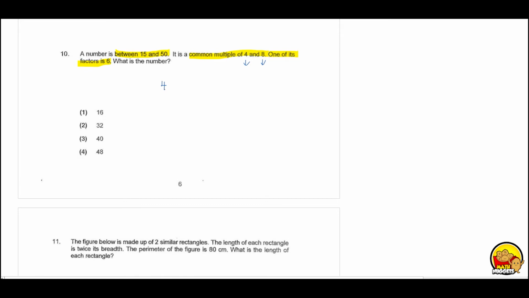So multiples of 4: 4, 8, 12, 16, 20, 24. And multiples of 8 would be 8, 16, 24, 32, 40, 48.